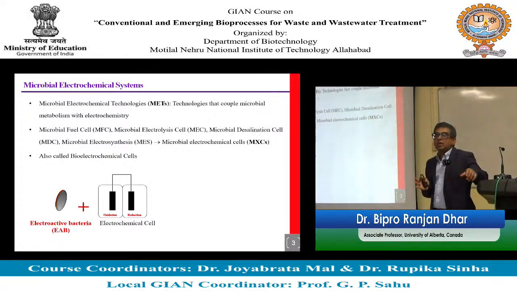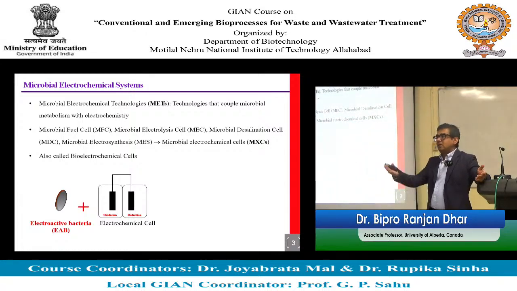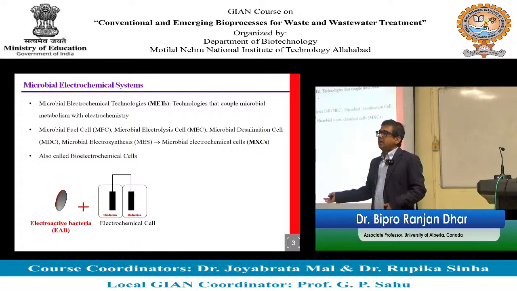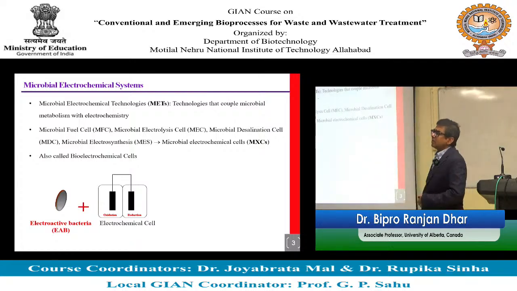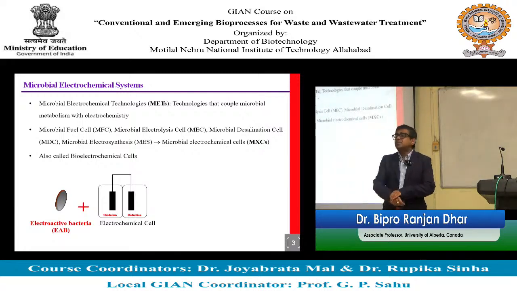But one of the unique features of a microbial electrochemical system is that we use a unique type of bacteria. Those bacteria are electrochemically active. We know that all microbes transfer electrons, right? Like we learned, they transfer electrons from an electron donor to an electron acceptor. But this unique type of microbe, the electroactive microbe, is different in its respiration process.